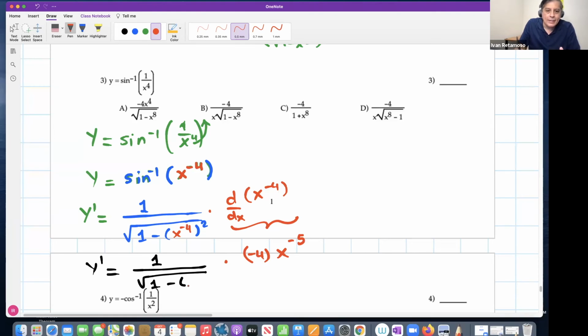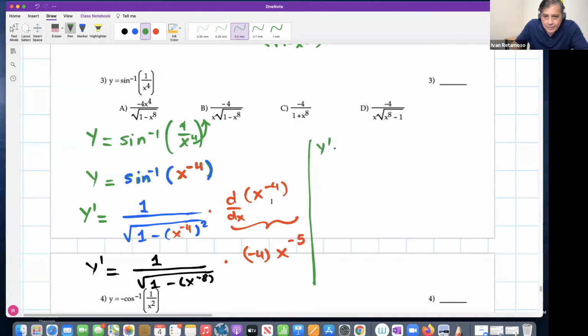This is it. Now, over here, the derivative of the outside function evaluated at the inside function leads to the following. X to the minus 4 raised to the second power, x to the negative 8. Negative 8 there, right? Very good. You got this. Now, somehow algebraically, we have to figure this whole thing out. Okay, so what you do is this, right?